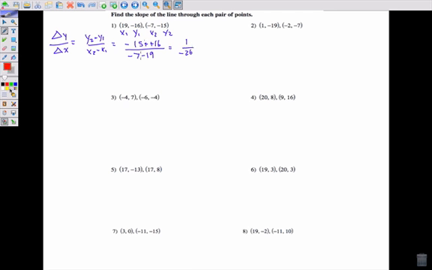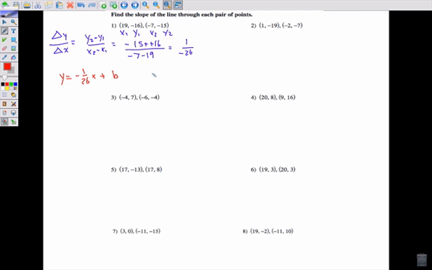What we do now is try to find the y-intercept. What we know about the equation already is negative 1/26 times x plus b. From this point, I need to find b because I need to find the y-intercept. I'm just going to take one of these points, it doesn't really matter which one, and plug it in.